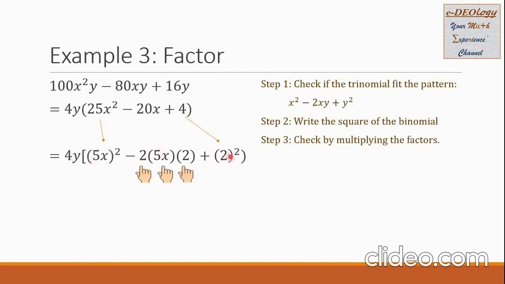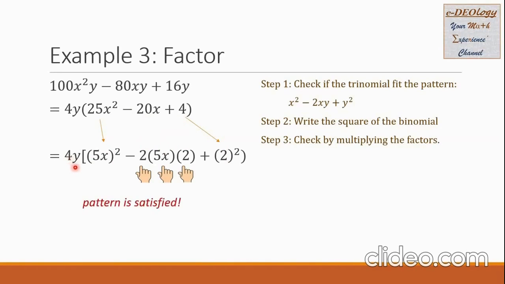I will take this 2, put it here, and then times 2. If I multiply 2 times 5x times 2, this will be equal to the negative 20x. So it means to say, this is a perfect square trinomial. Of course, I will not forget my 4y to be copied down here.